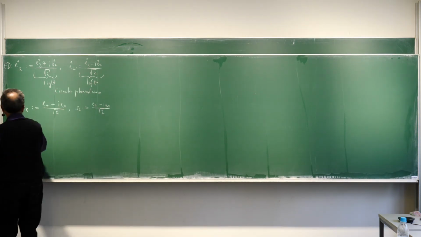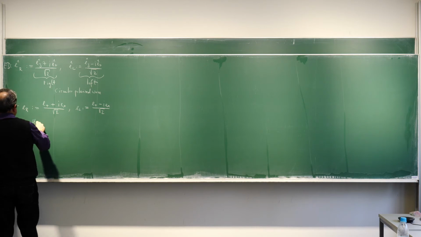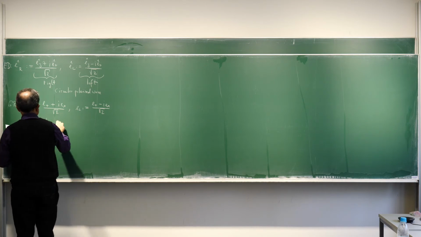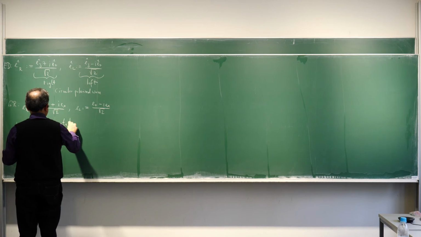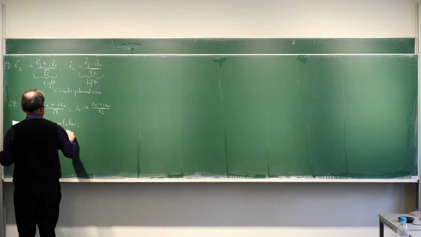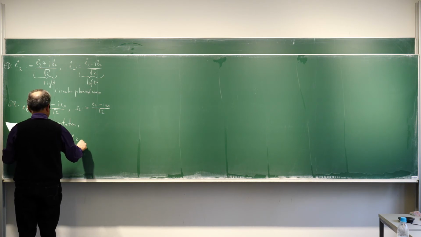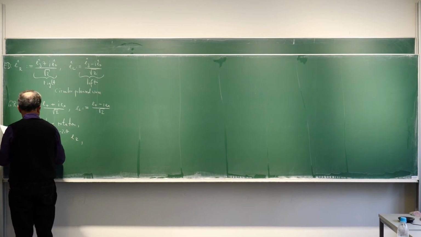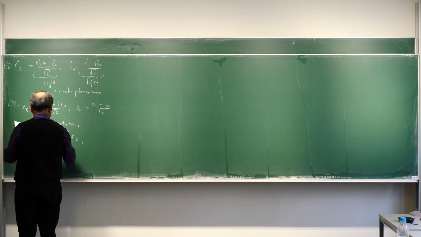So the result is, under the above rotation, ER prime is e to the minus 2i theta ER, and EL prime is e to the plus 2i theta EL.